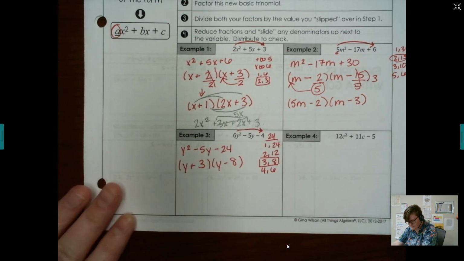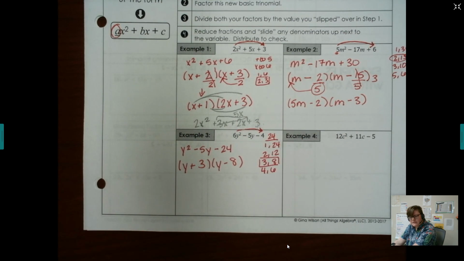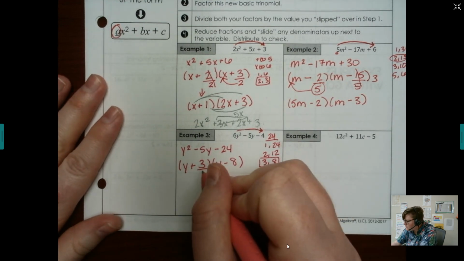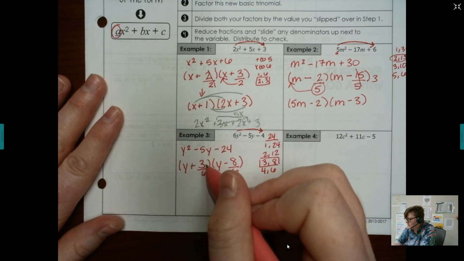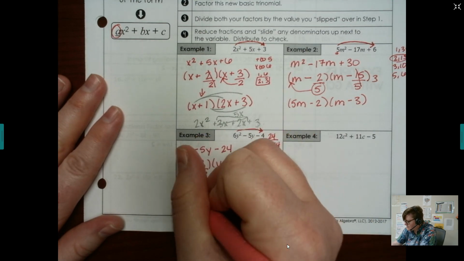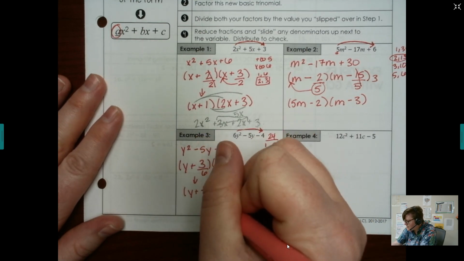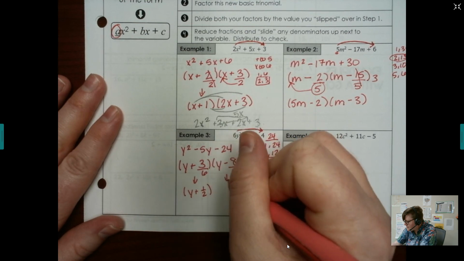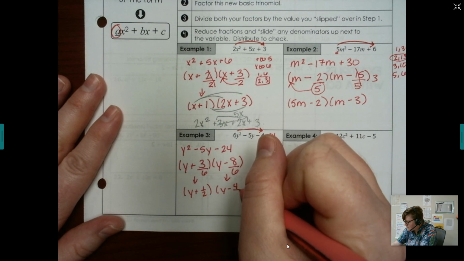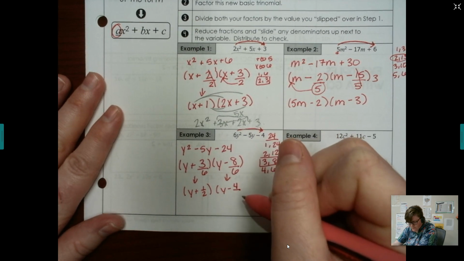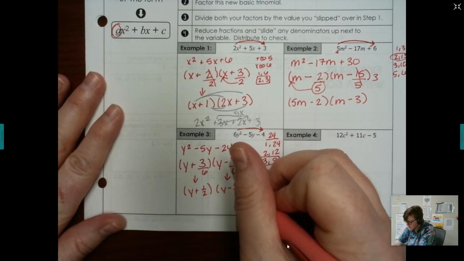Okay. And then you will divide out by 6 on both of these. And 3 over 6 reduces to y plus 1/2, y minus 4 over 3.